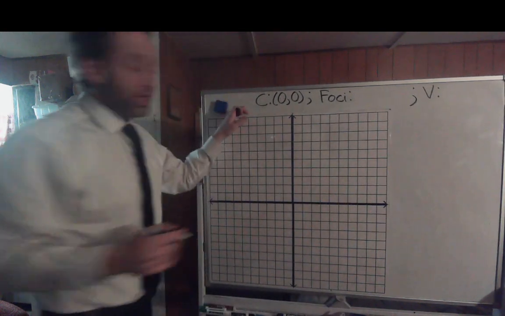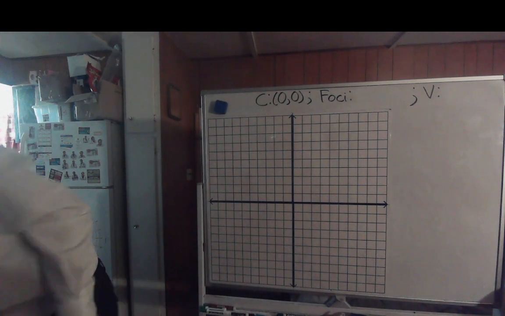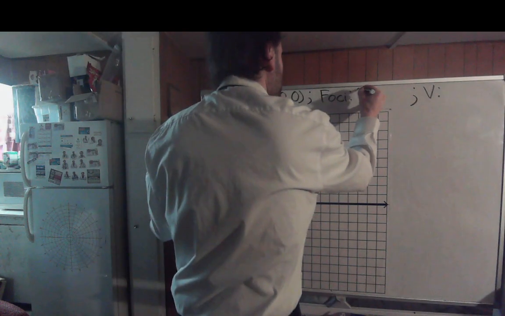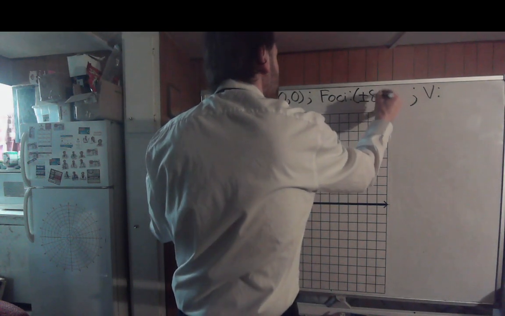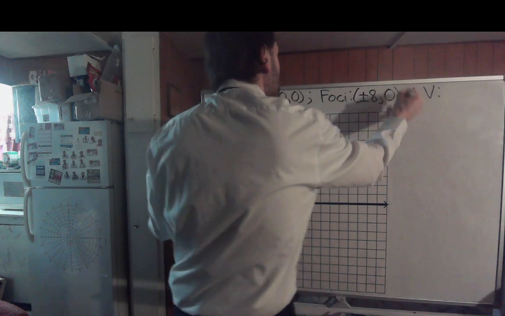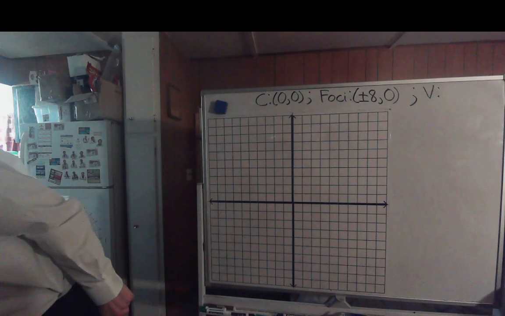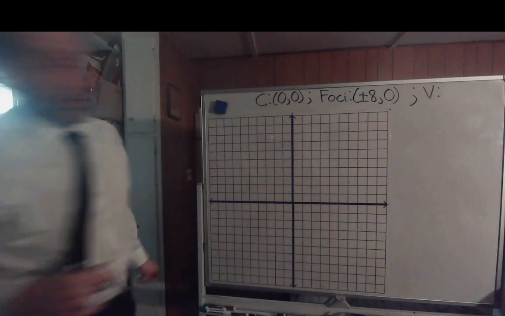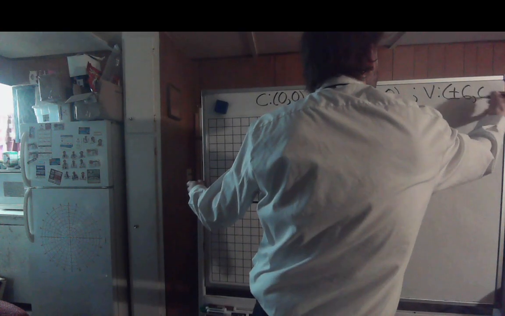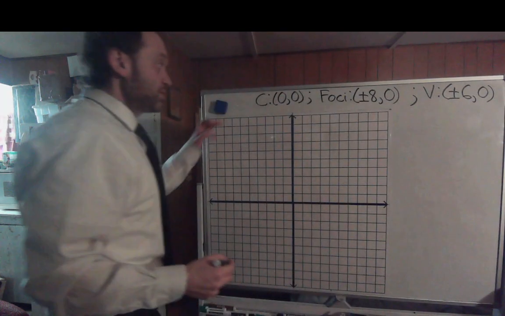All right. So center 0, 0. Foci at plus and minus 8, 0. Vertices are at plus and minus 6, 0. All right, so the center's at 0, 0.